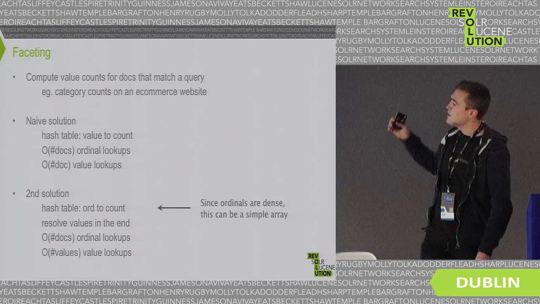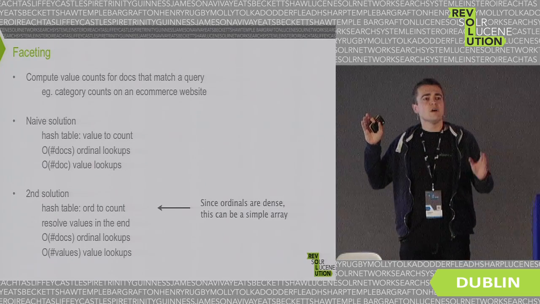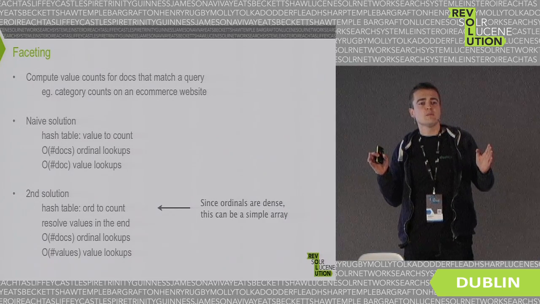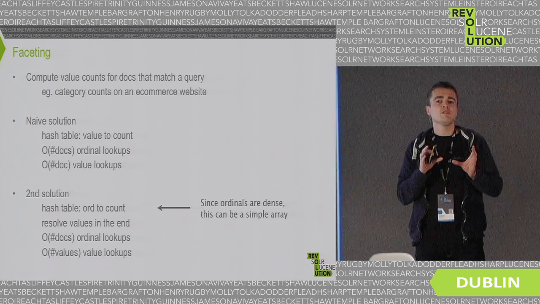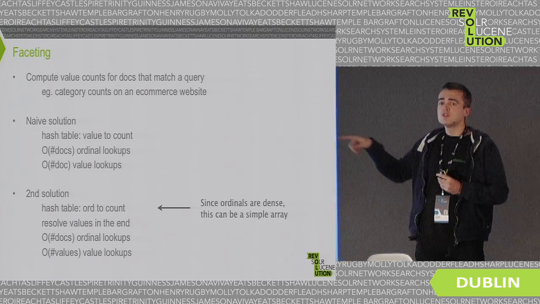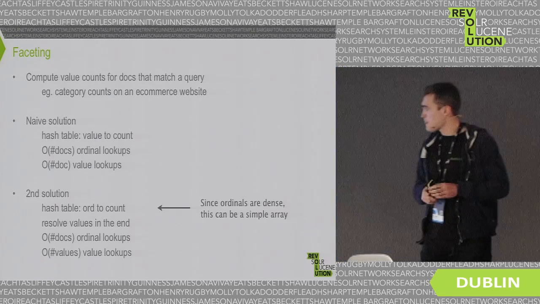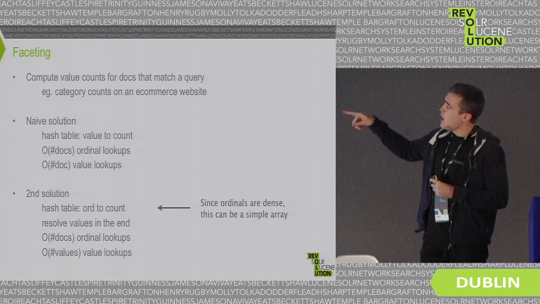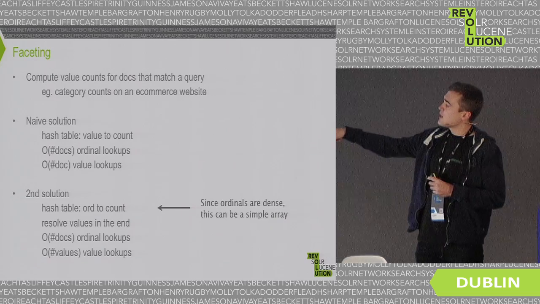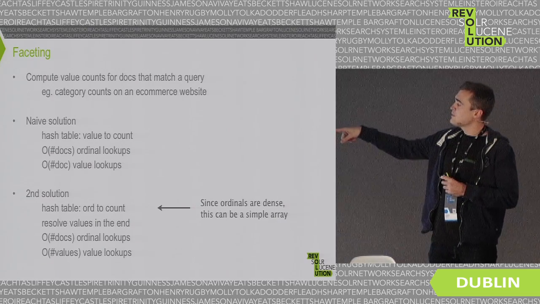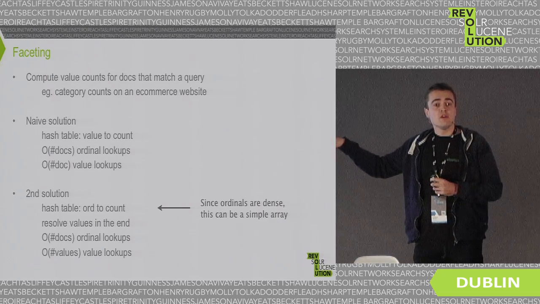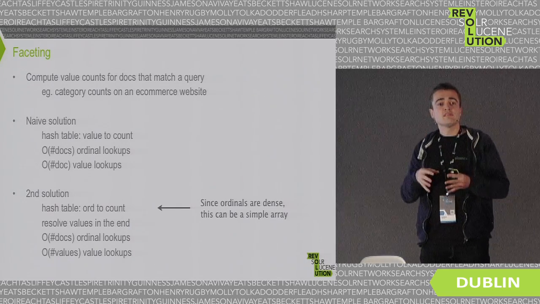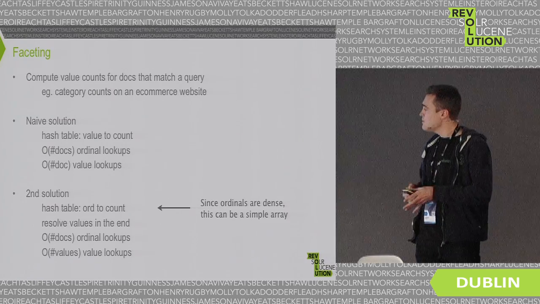So for example, if you have maybe 1 billion different shoes that you are selling in your online shop, but you only have 10 possible sizes, this is going to be a huge performance speedup. And something else to note is that the hash table that we are using to map ordinals to counts can actually be replaced by an array, where you use the index of the array as a key and the value as a value.